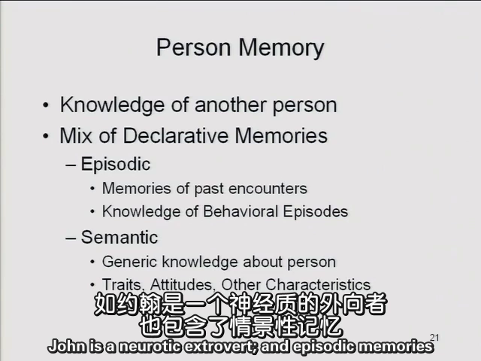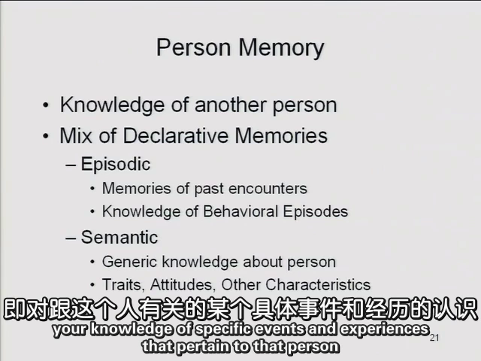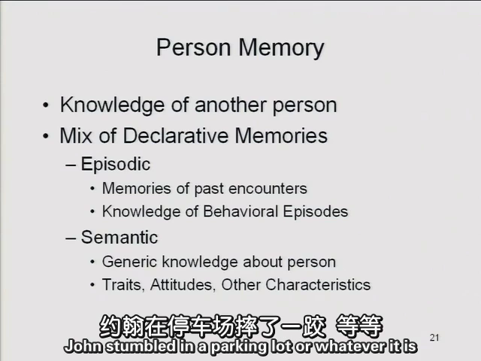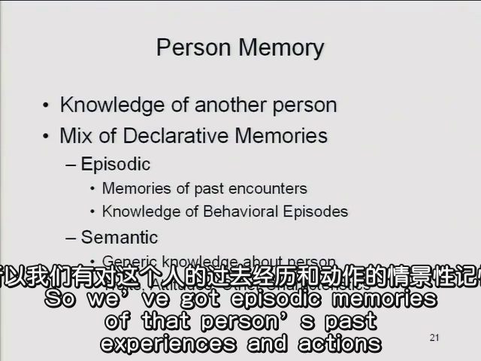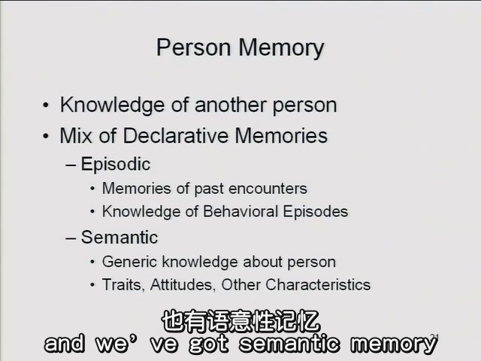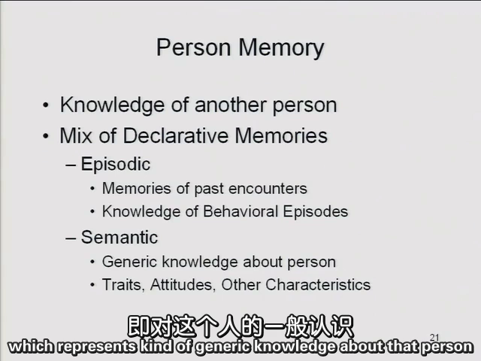And episodic memories, your knowledge of specific events and experiences that pertain to that person. John gave a present to Lucy. John stumbled in the parking lot, or whatever it is. So we've got episodic memories of that person's past experiences and actions, and we've got semantic memory, which represents kind of generic knowledge about that person.